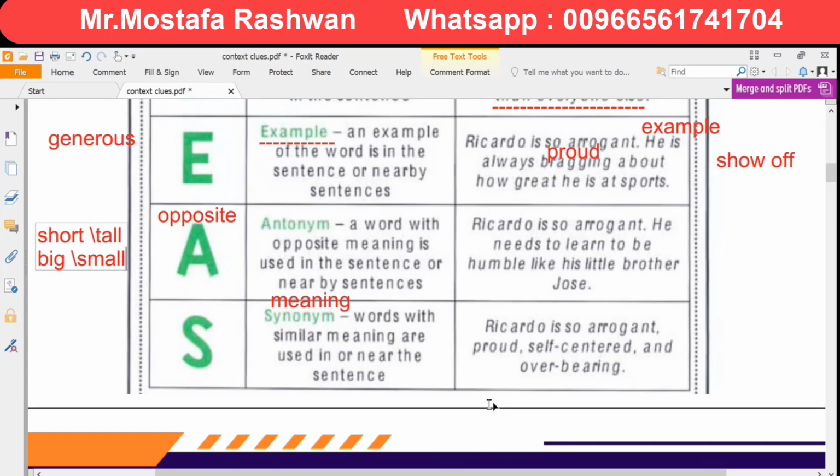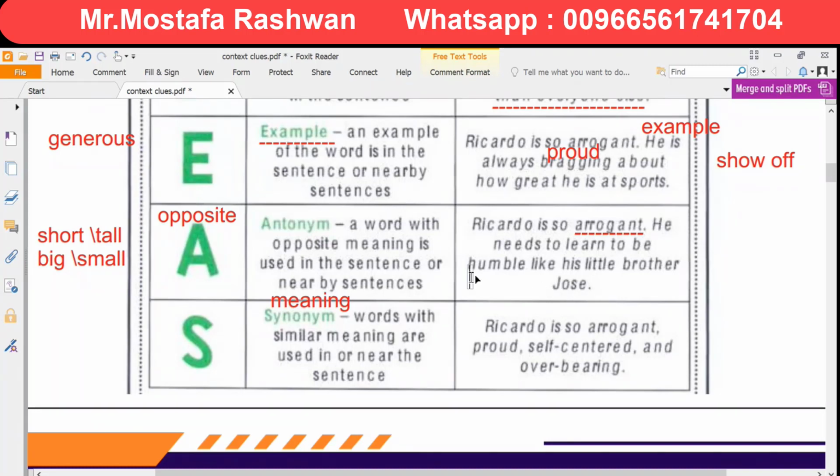Let's see here how he gave me an opposite meaning to the word arrogant that may help me to understand the meaning. He said here, Ricardo is so arrogant. Where is the opposite meaning here? He needs to learn to be humble, like his little brother Jose.